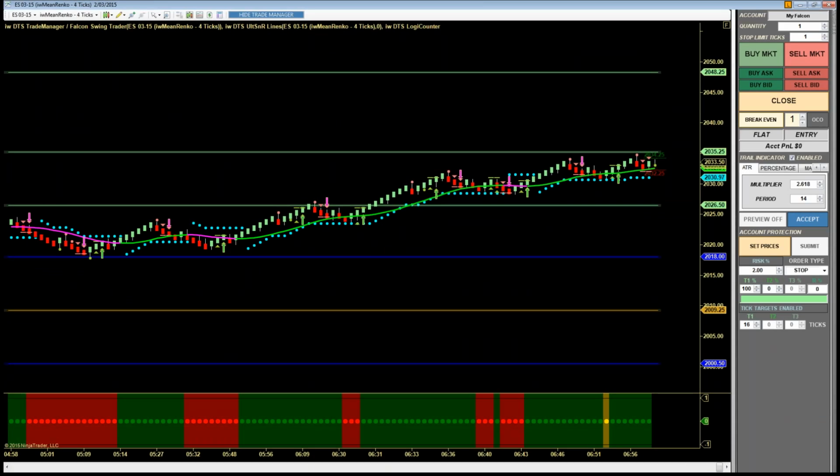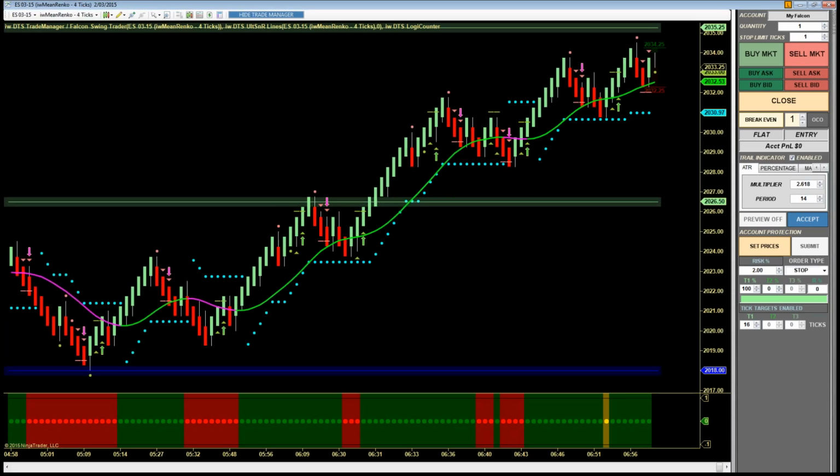Just a little bit of a note: when the market bounces off of primary resistance or primary support, it will have a tendency to move 2 zones. So here's zone 1 and here's zone 2. And we're kind of on the upper end of that zone.